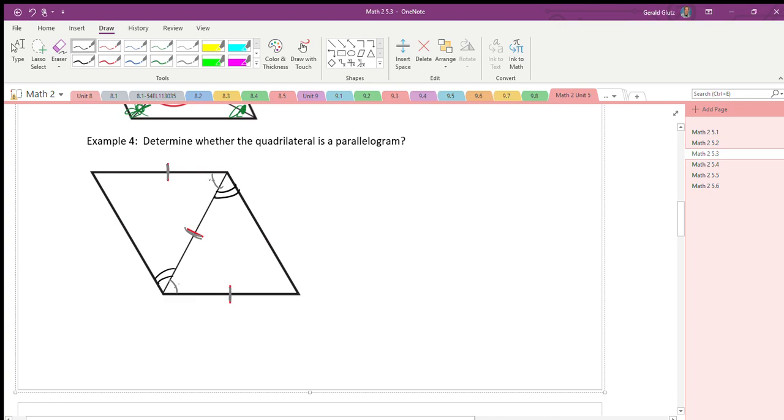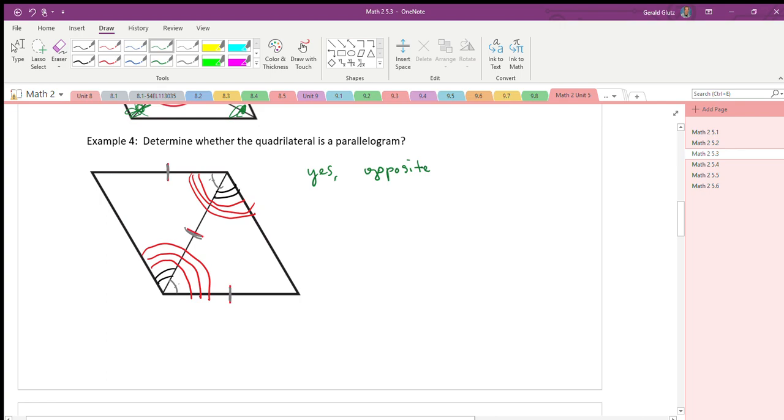So right away I know that these two angles, so if this has one arc, this has one arc, and then this has two, and this has two, this whole angle is going to be the same as this whole angle. Probably drawn too many arcs here, but so we have opposite angles are congruent. So the answer is yes.